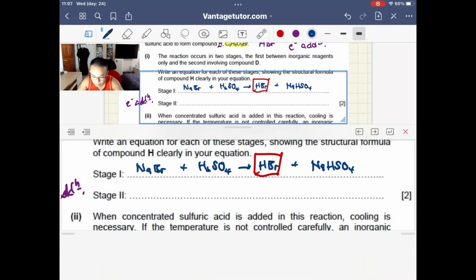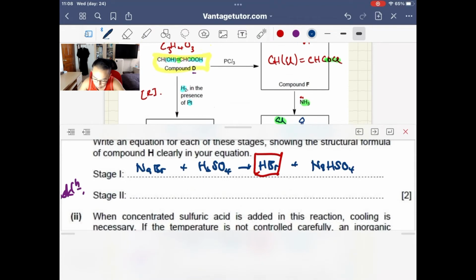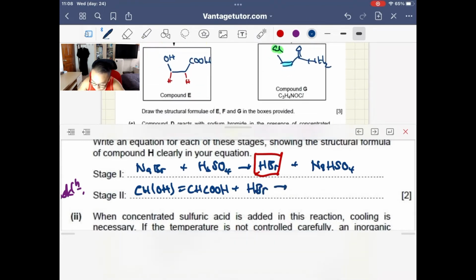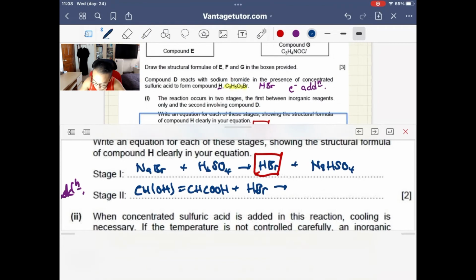Stage 2 is simply showing your electrophilic addition. Very easy. They want the structural formula, so I have to draw it out nicely. So this should be CHOH double bond CHCOOH plus HBr, and because it's electrophilic addition, I can just add it to my double bond right here.